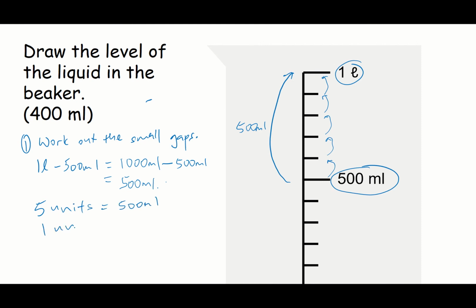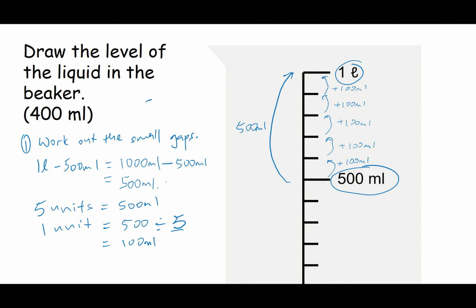So 1 unit, which is 1 gap, will be 500 divided by 5 equals 100 milliliters. So each of these, you are adding 100 milliliters, 100 milliliters, and so on and so forth.